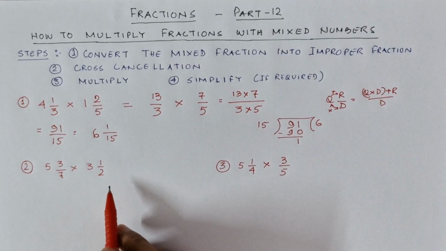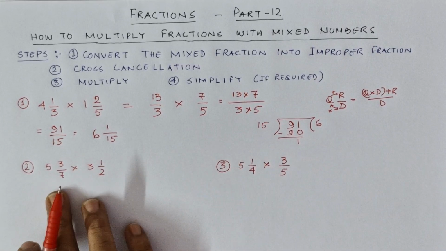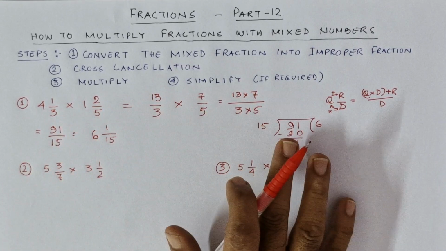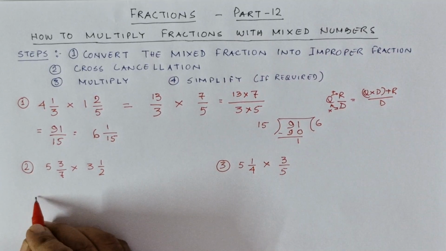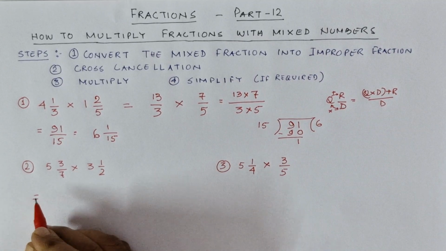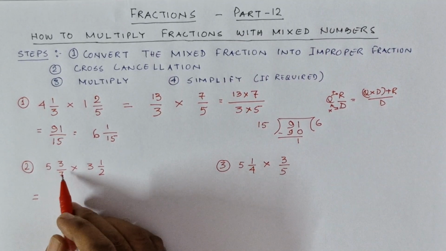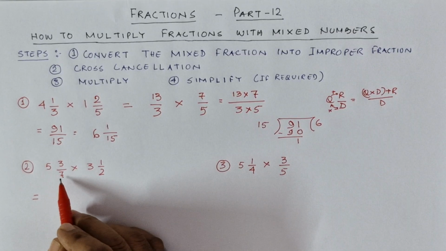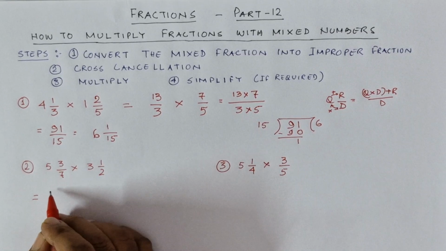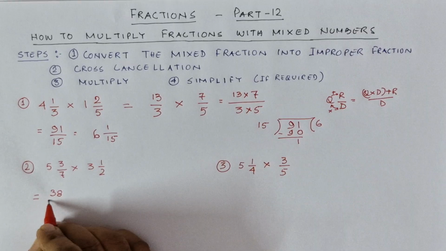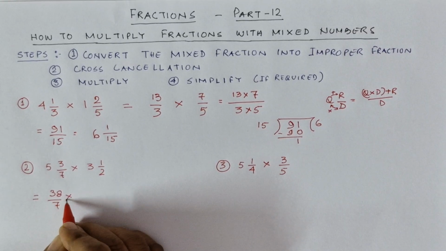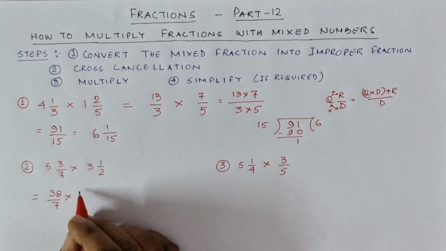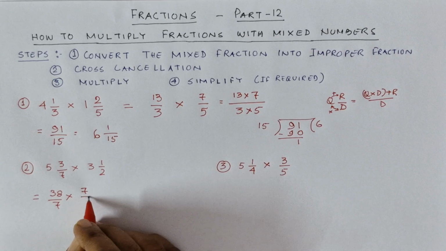So students, you can pause the video and try this particular problem in a very similar way I taught you. Okay, so let's convert them into improper fractions. So 5 7s are 35, 35 plus 3 is 38 by 7, multiplied by 3 2s are 6 plus 1 is 7 by 2.